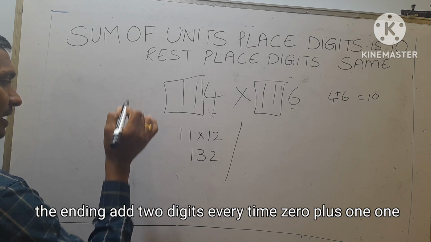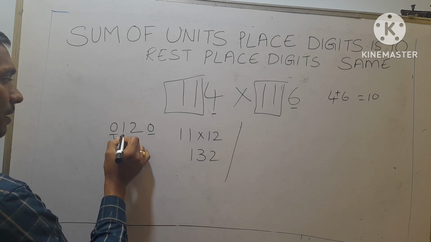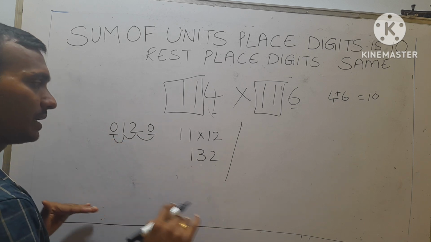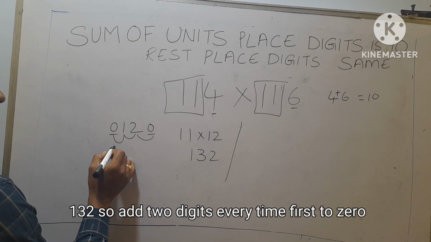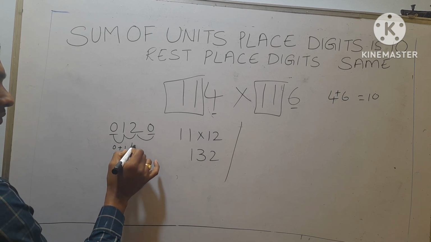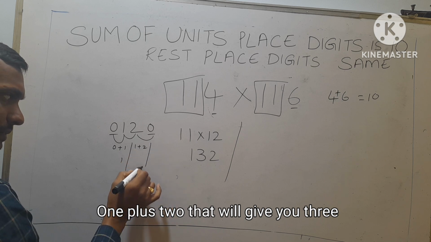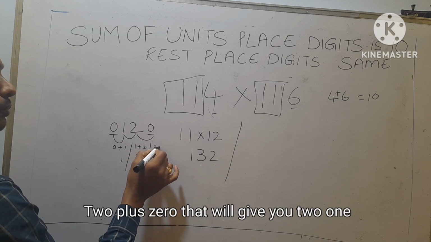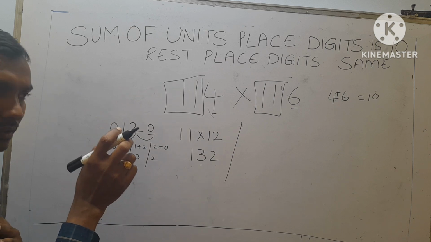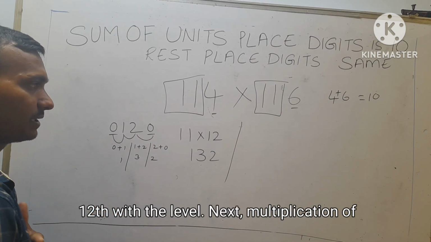Add 2 digits every time. 0 plus 1, 1. 1 plus 2, 3. 2 plus 0, 2. 132.